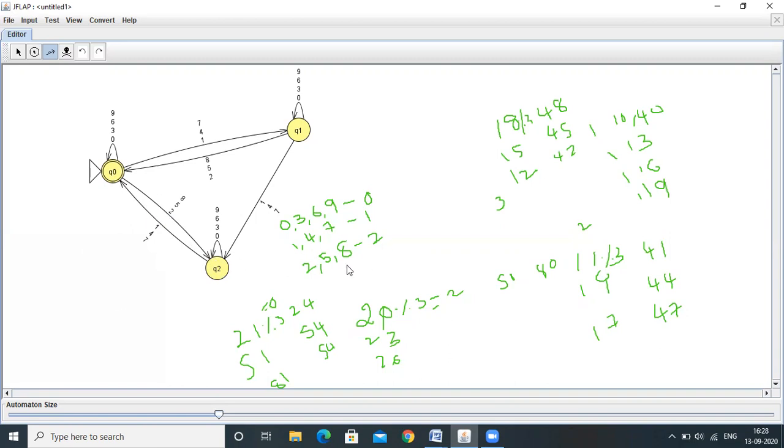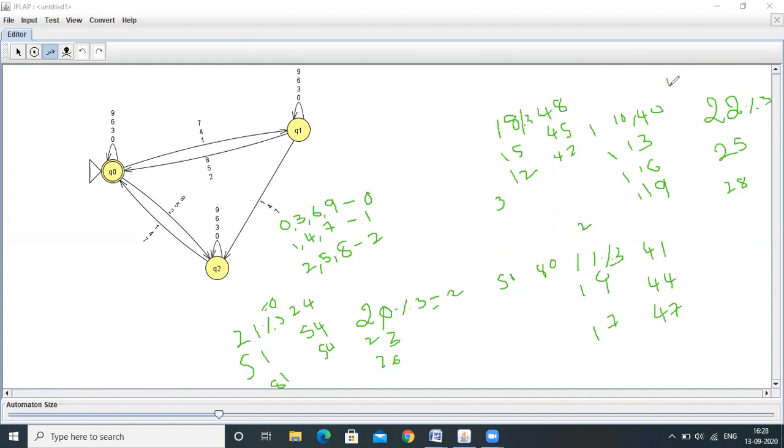Now let's take 2, 5, 8 as inputs. Already Q0 on 2 is reaching the Q2 state. So again we are getting 22, 25, 28, or 52, 55, 58. If you perform modular division with 3, what is the remainder?